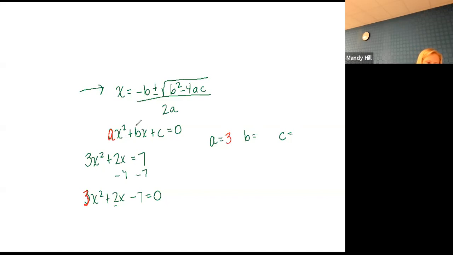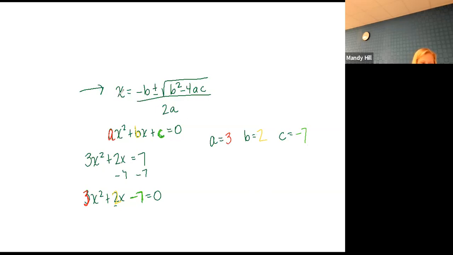B is always in front of the x raised to the first power. So in my example, 2 would be B. Okay. C right here is the constant term that's out there by itself, that there's nothing else attached to it. And my C would be negative 7.